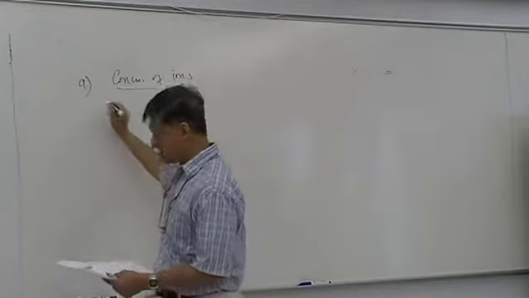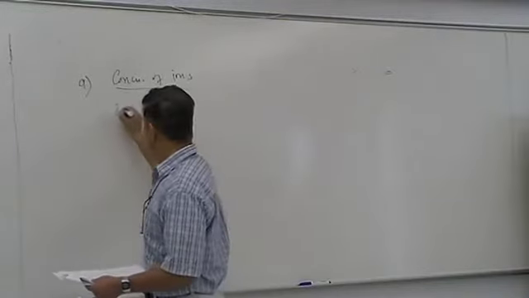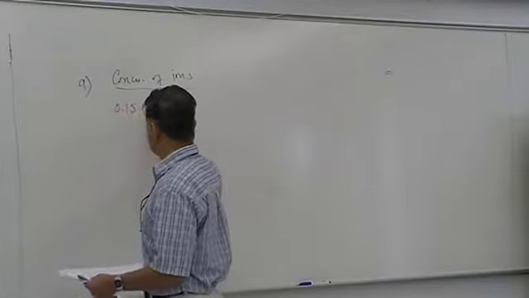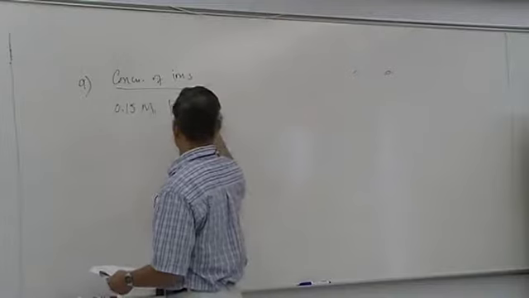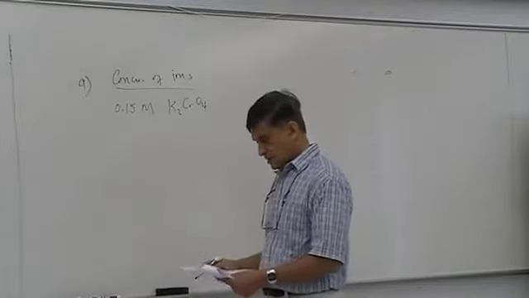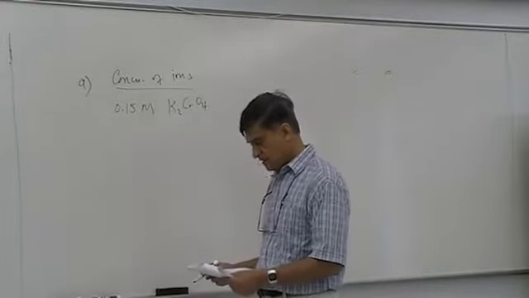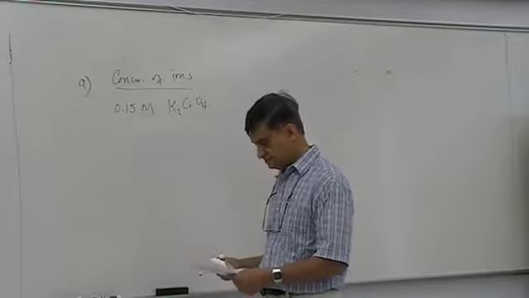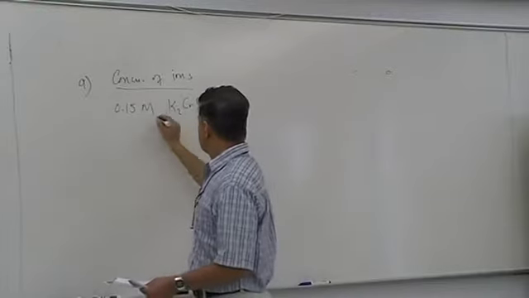This is number 69 from the same chapter. So 0.15 molar K2CrO4, and we need to find out what molarity of different ions we have.